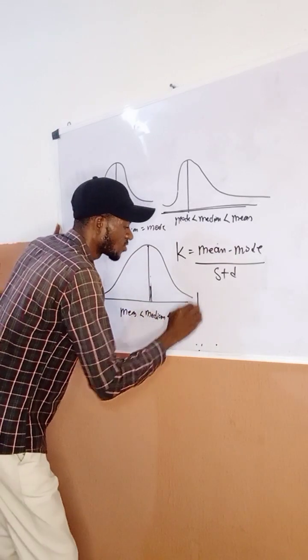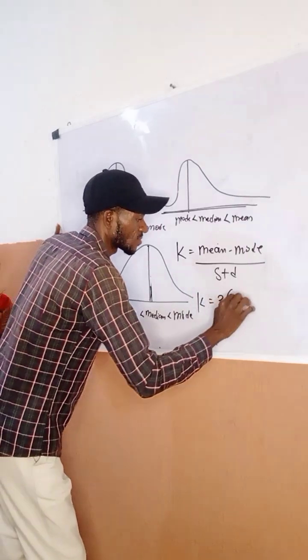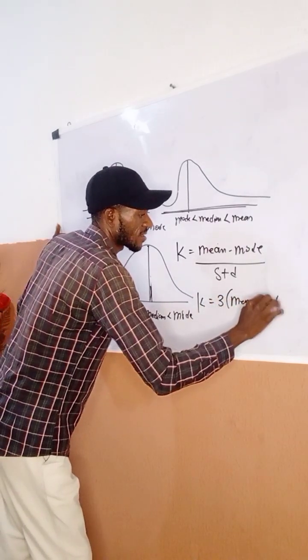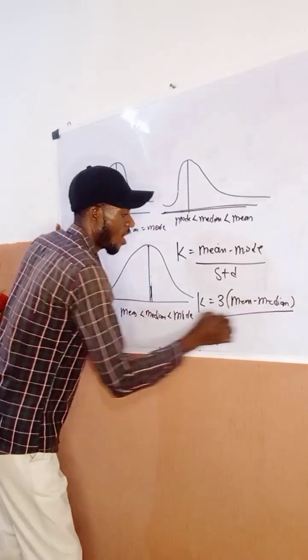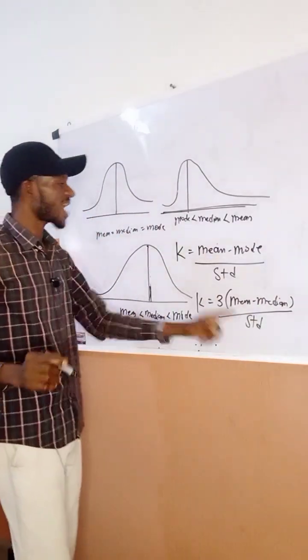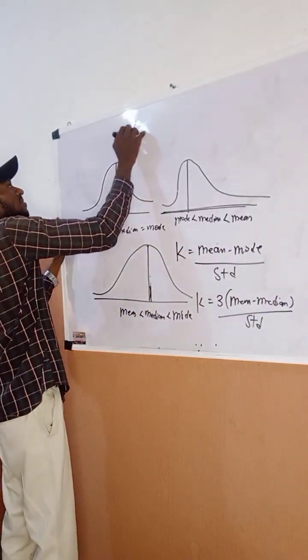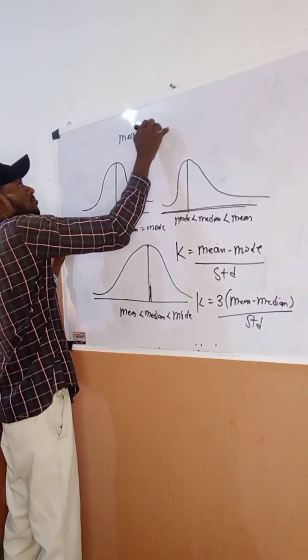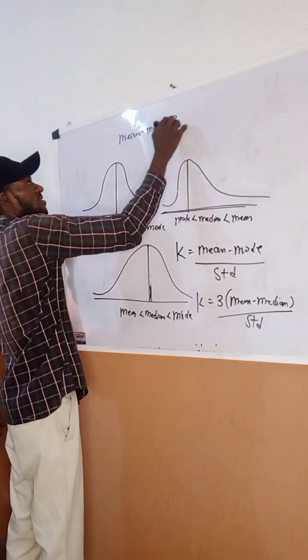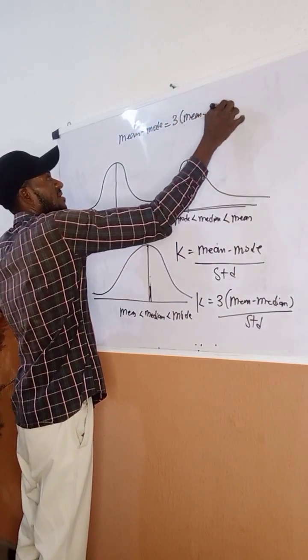Or you can equally use K equals 3 open bracket, mean minus median, all over STD. On the ground that earlier we said that mean minus mode equals 3 into mean minus median.